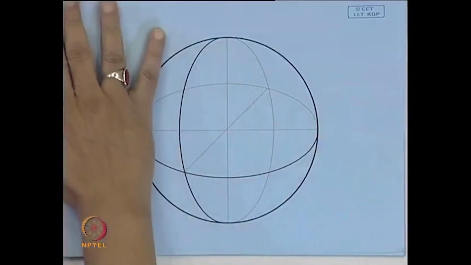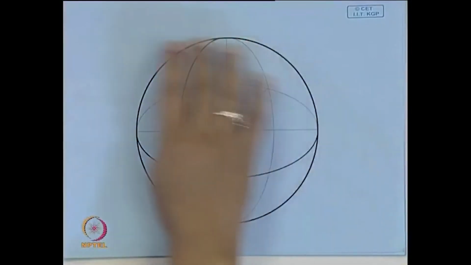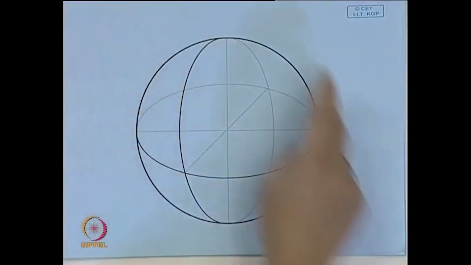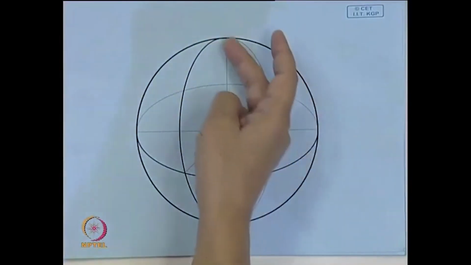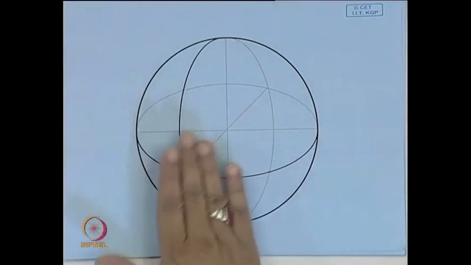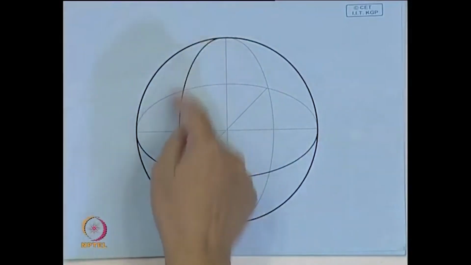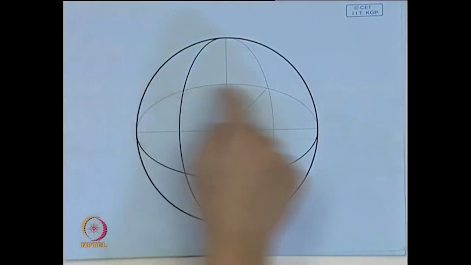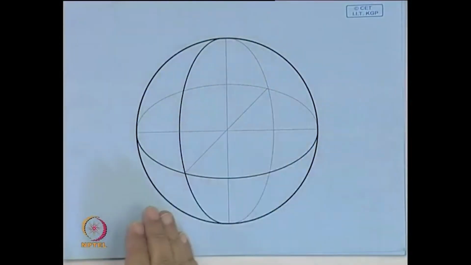You are very familiar with globes. If you look at the geographical globe, you have certain great circles which are drawn. The equatorial plane is one, and another vertical plane which goes through the center of the globe is like this. We call all these great circles, wherever the diameter of the great circle is equal to the diameter of the reference sphere.